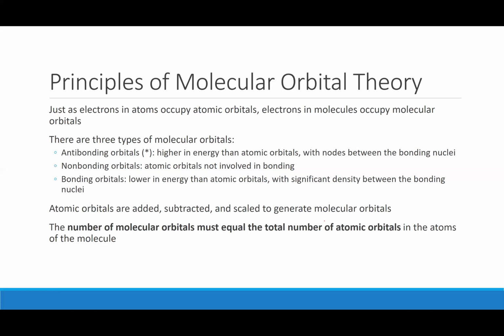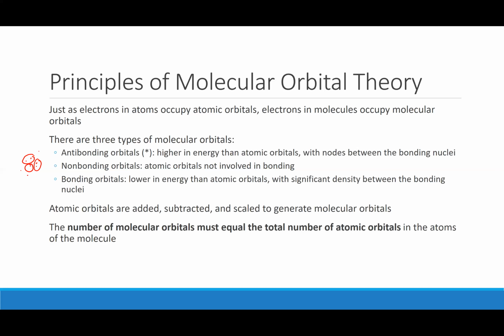Sometimes electrons, for example on oxygen, if I draw oxygen out right here, has two sets of non-bonding electrons. These electrons usually do not participate in bonding, and so they live in non-bonding orbitals, electron density orbitals that do not participate in these bonding orbital regions.